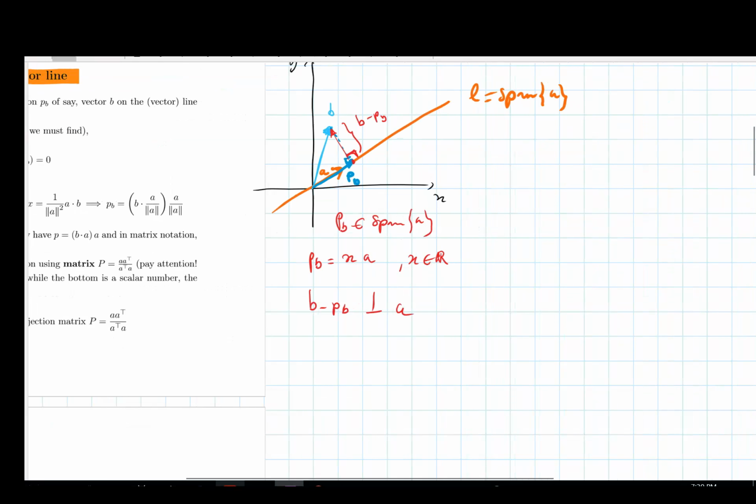So what do we know? We've just said that the dot product of B minus PB with A is going to be equal to 0.